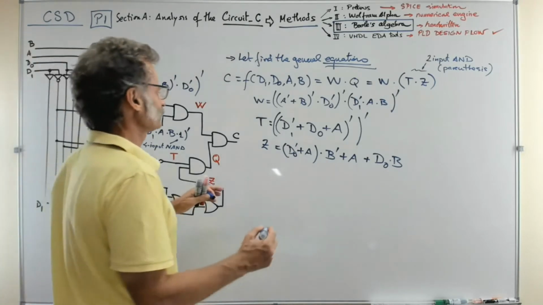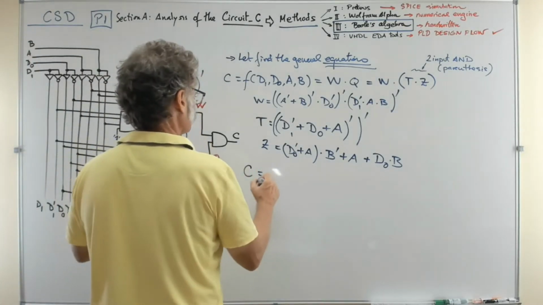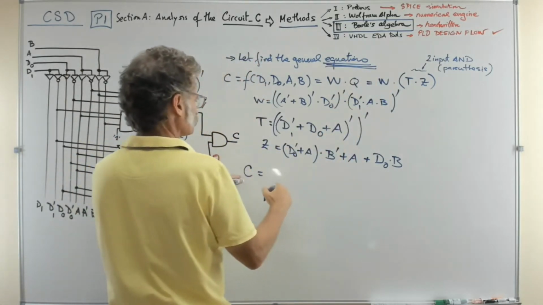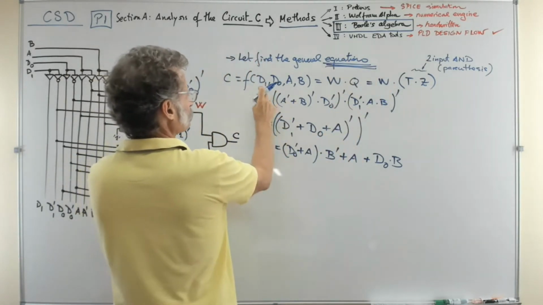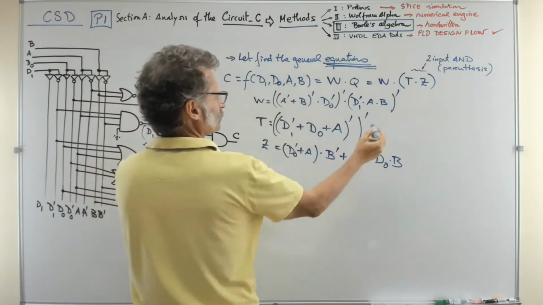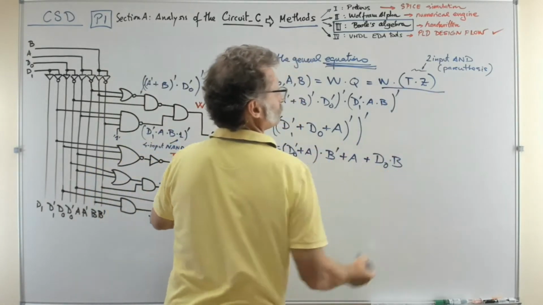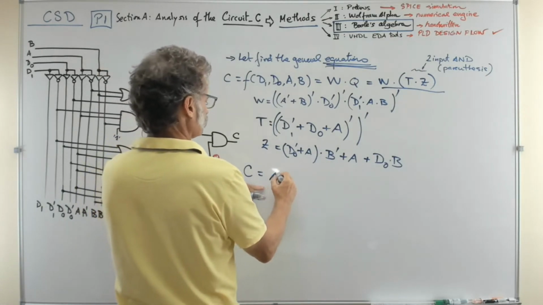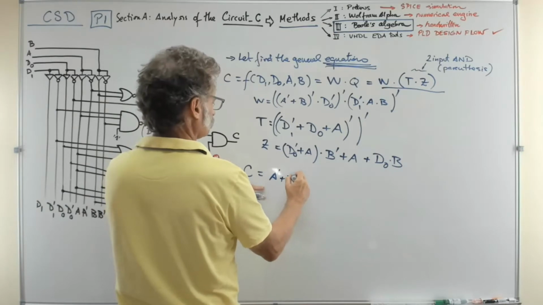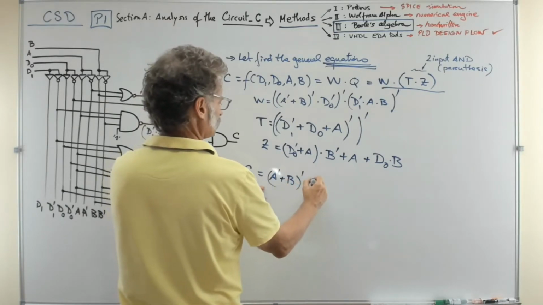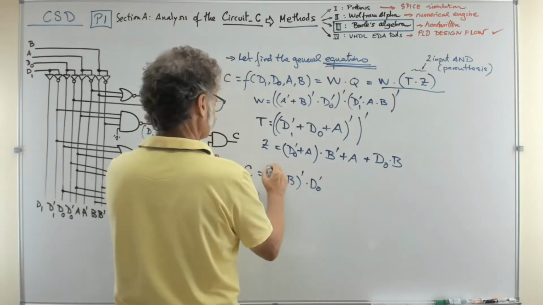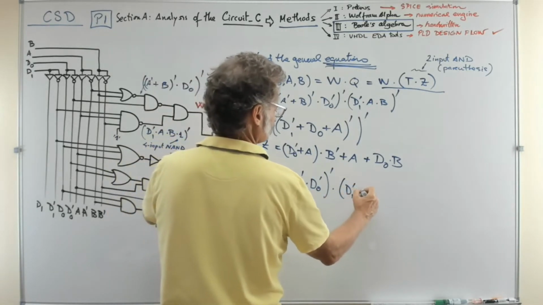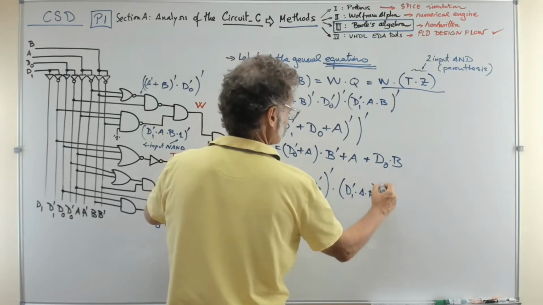So in the end, the equation that you are trying to find, the general equation, looks like this. C is the function of D1, D0, A and B, and becomes this term. A not, or B not, and D0 not, everything not now, and D1 not, A and B not.